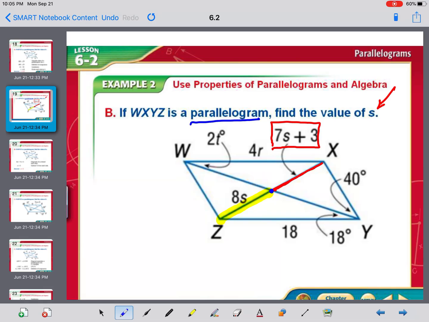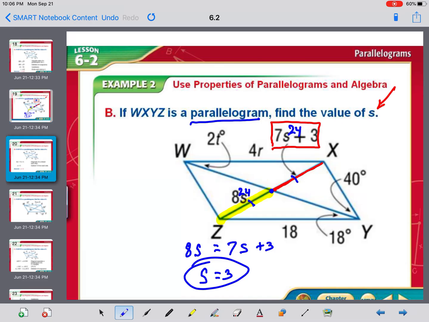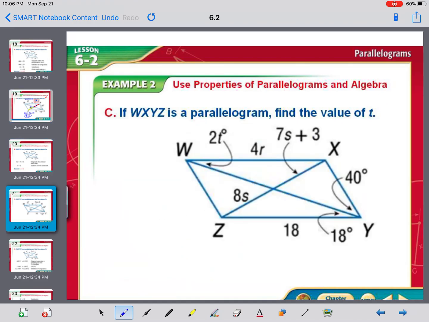In a parallelogram, those two pieces are congruent because diagonals bisect each other. So that means 8S is equal to 7S plus 3, so S is equal to 3. That's the value of S. If we put the 3 back in here, we get 24, and if we put the 3 back in here, we get 24. And that would have to be that way, of course, because they're congruent. So we find out that S is 3.